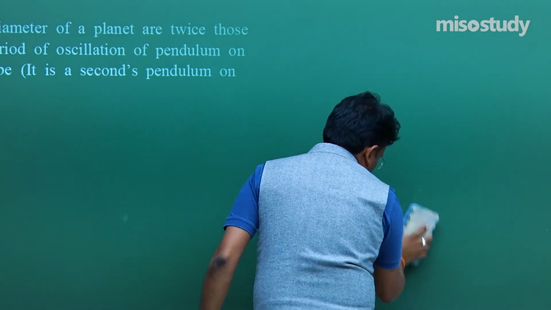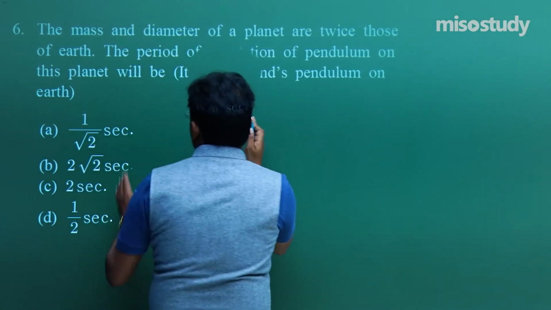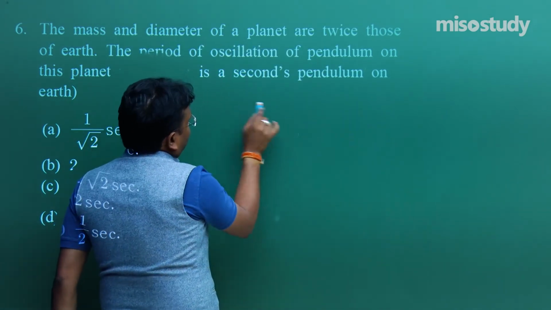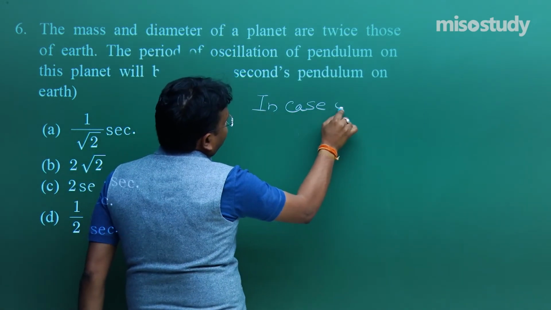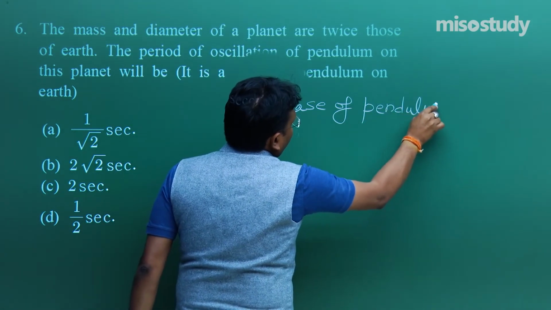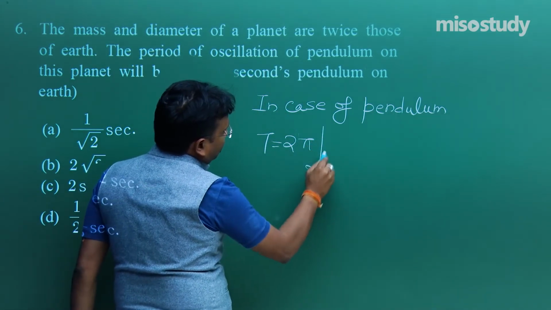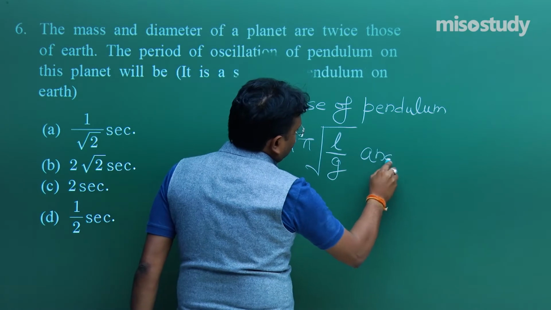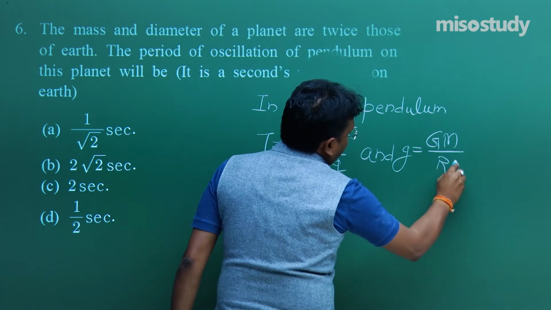First I would like to mention a few lines, and here I am writing so you can read it in continuation with the question also. Don't worry, I will move out. In case of a pendulum, T is equal to 2 pi under root L upon g, and g is equal to GM upon R square.